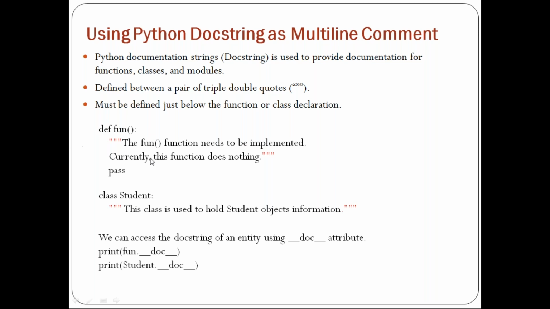If you'd like to get the docstring or the help given by the entity, then we can make use of double underscore doc double underscore. This attribute will be holding the docstring value.